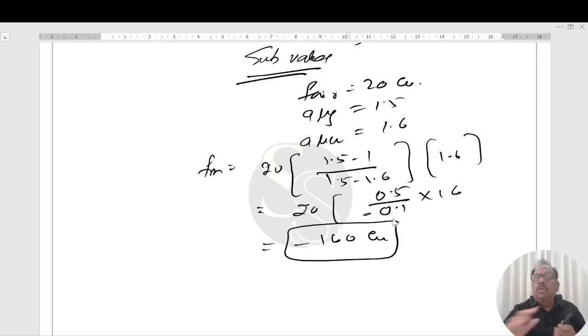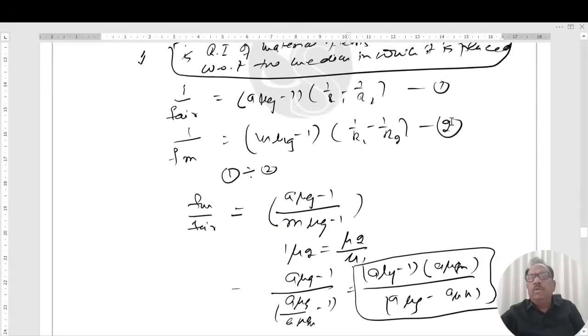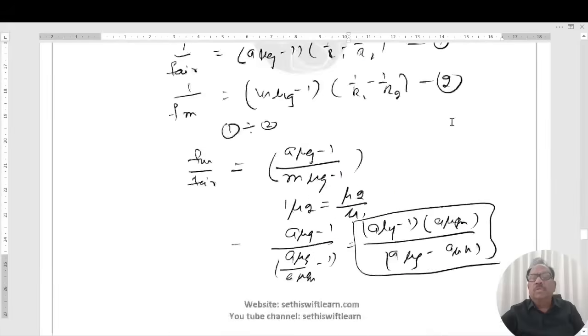Right? So in this case, the lens was dipped in a medium whose refractive index was greater than the material of lens. So nature was changed and focal length increases. All the three cases are possible. Right? Now the correct answer will be minus 160. B option is the correct.